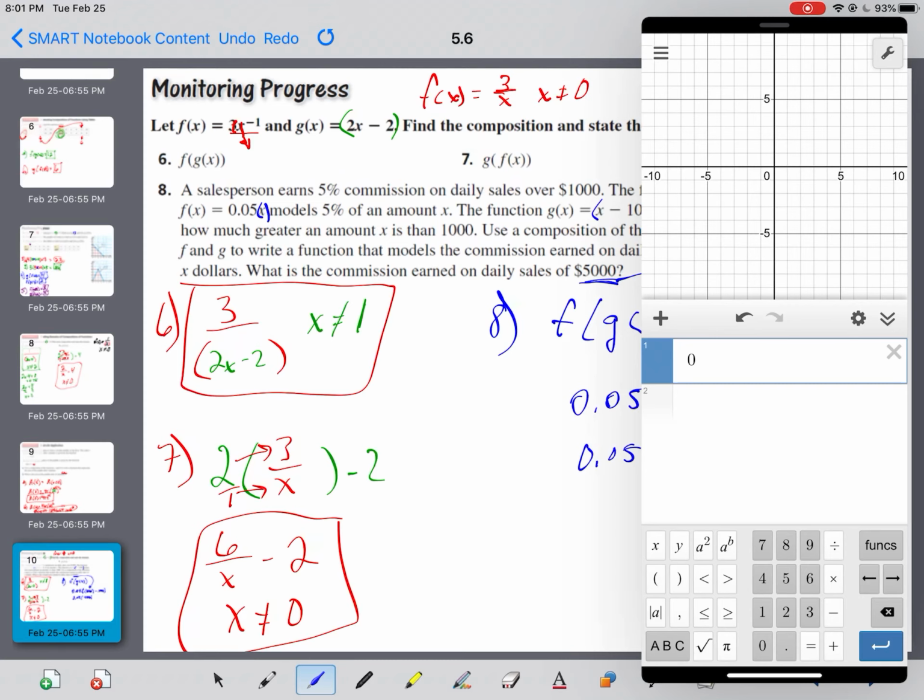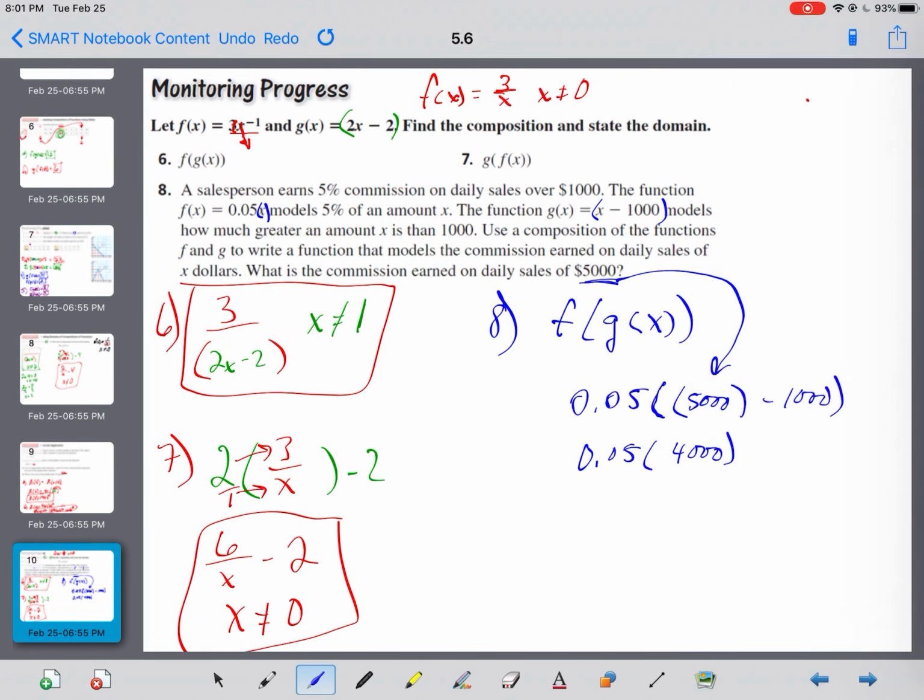And then we're going to take that, 0.05 times 4,000. So $200 in commission. You make an extra $200. Congratulations. And that's composition of functions. Plug one into the other. Be careful.